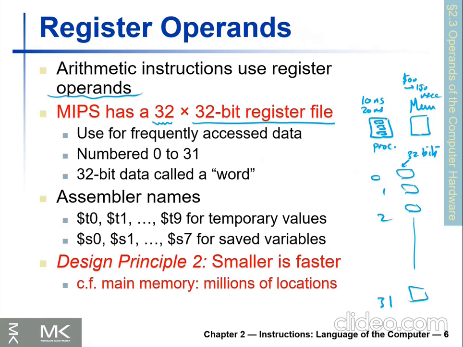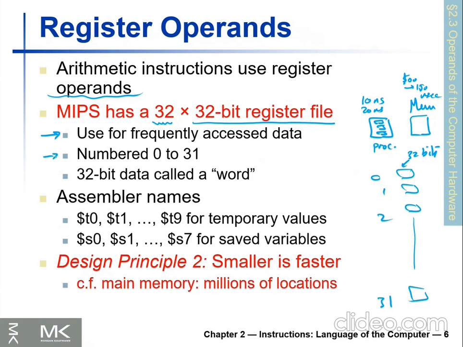So it's way slower. That's why we always favor using the registers, because they are located inside the processor itself, not away like the memory. So the communication delay will be much less. So we use these registers for frequently accessed data.